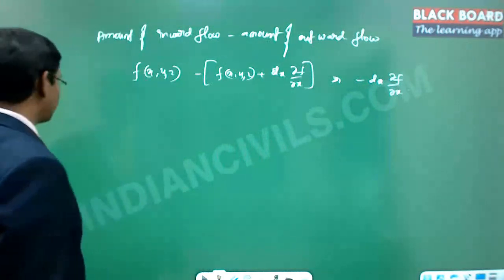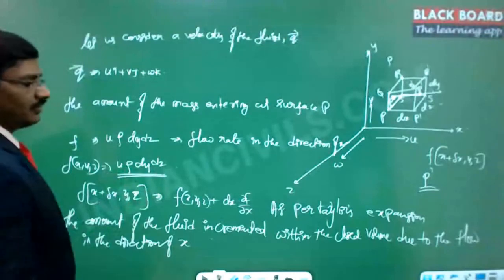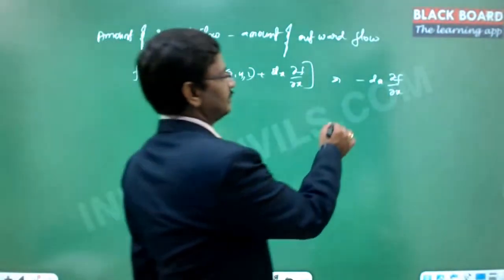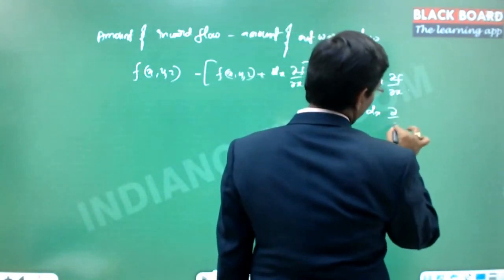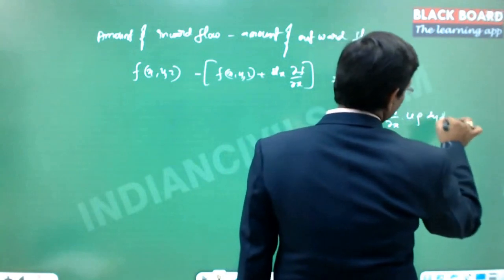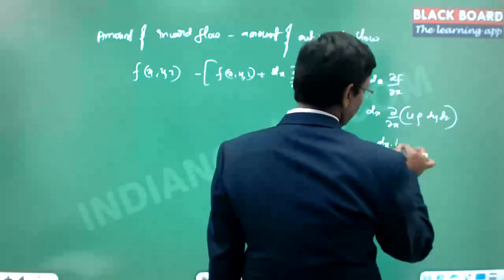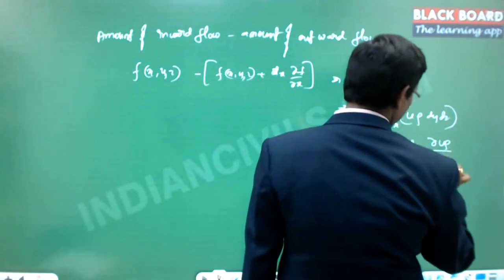But f was mentioned as u into rho into dy into dz, so you can replace it here. So this is minus dx into dou by dou x of u into rho into dy into dz. Now you can take out dx dy dz, with dou u rho by dou x.